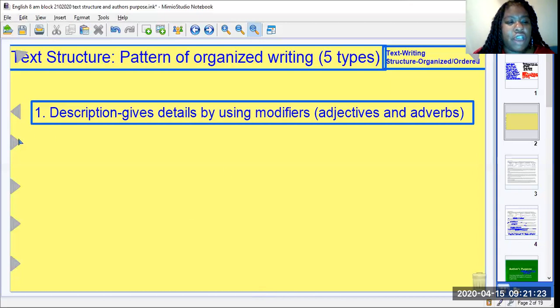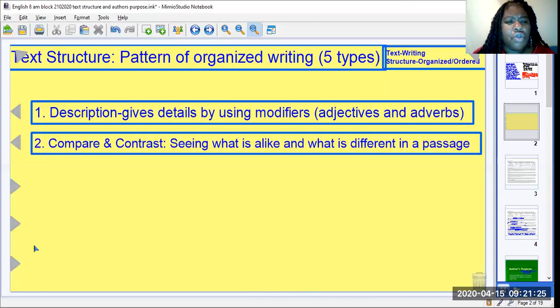Another text structure that Ms. Brittany mentioned was compare and contrast. Now, when you read a story, sometimes you're going to see what is alike and what is different in a passage. For example, when you write a compare and contrast essay about dogs and cats, one paragraph can be simply about what dogs and cats have in common.